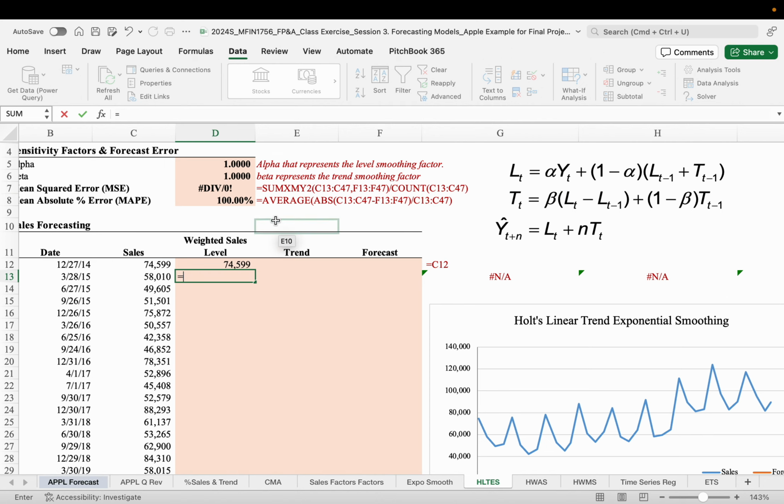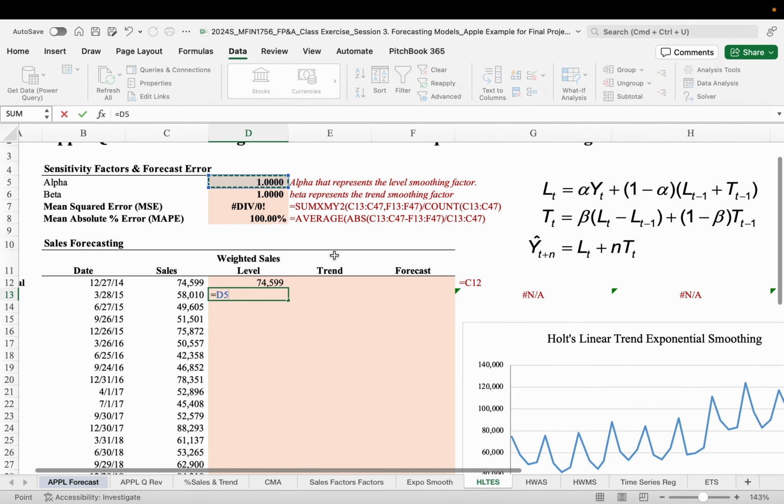So put D5, which is alpha. We want to fix this with function F4, and then multiply by C13, the sales at the same time, right?